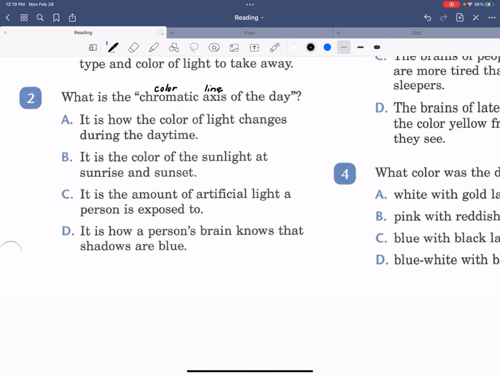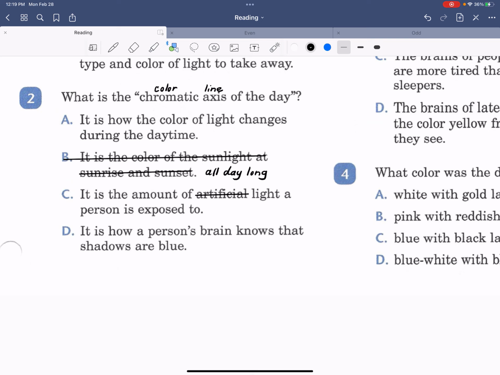I can eliminate B, as in boy. It is the color of sunlight at sunrise and sunset. No, it's all day long, including noon, afternoon. So this one is not my answer. It is the amount of artificial light.